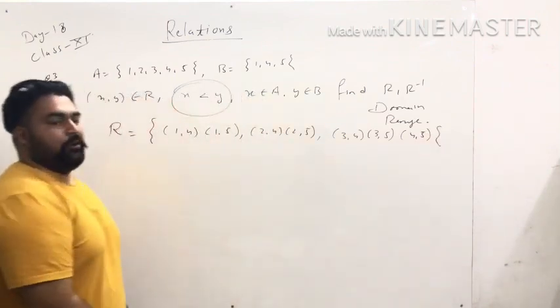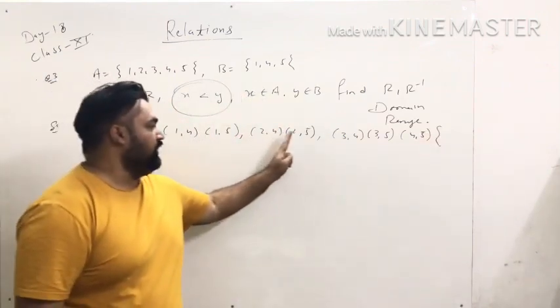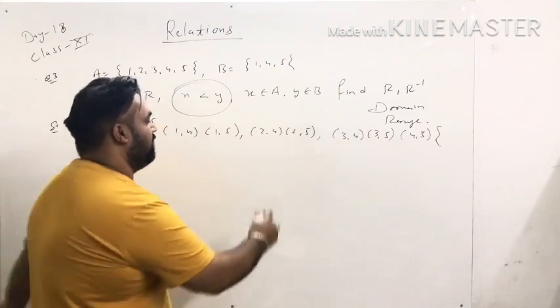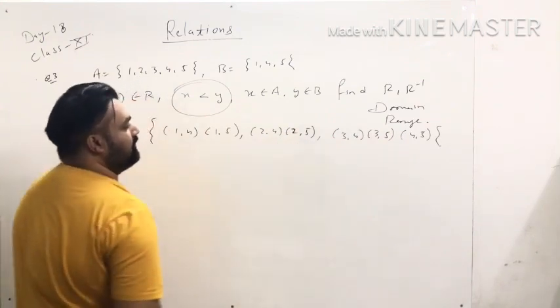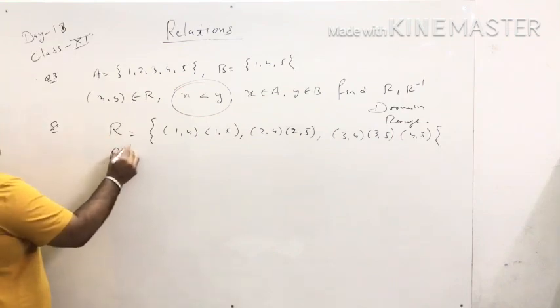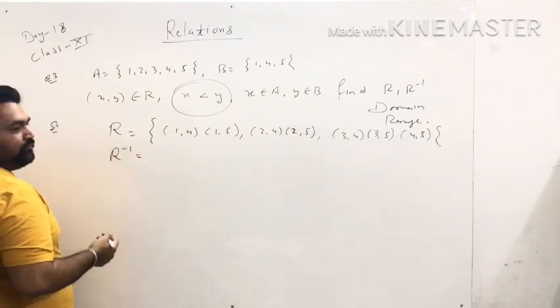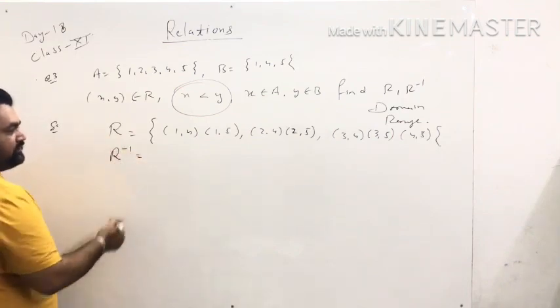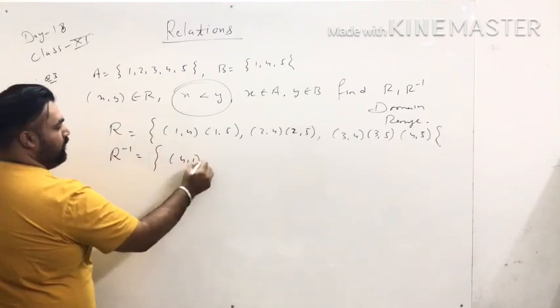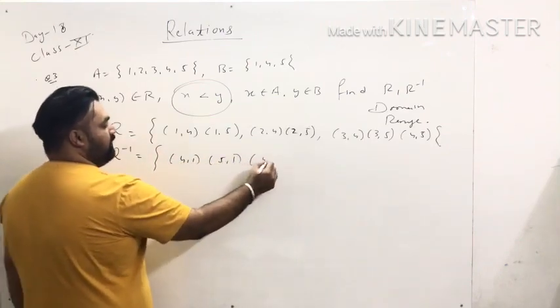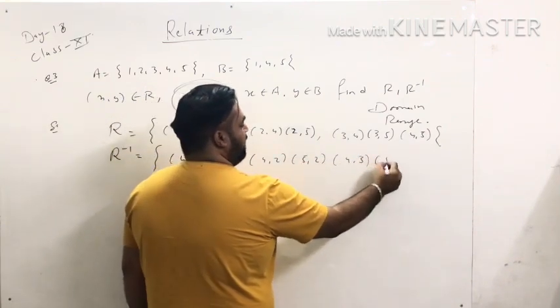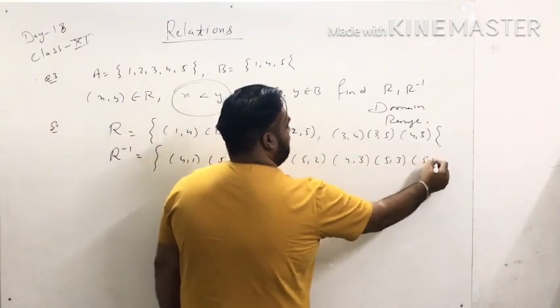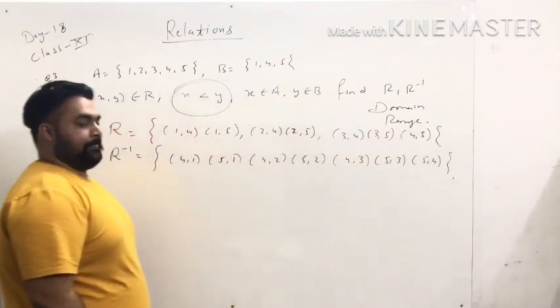So these are the possible ordered pairs, 7 in total. Now we find R inverse, interchanging the first element and the second and vice versa. So this is (4, 1), (5, 1), (4, 2), (5, 2), (4, 3), (5, 3), (5, 4).